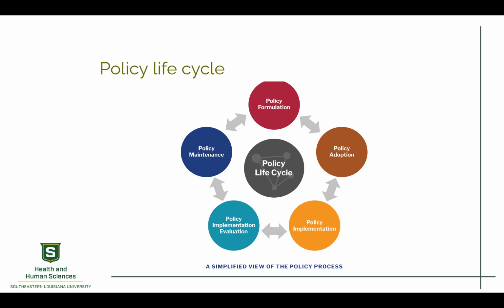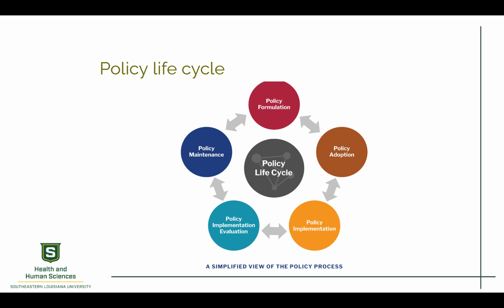So after you've done the implementation, you may give yourself a little bit of time to decide whether the original intent of the policy, or even the rulemaking, is actually going to work. And then you may want to make some decisions: okay, this is not working, we're going to make some changes, or this is working very well and we're going to carry on, or we're going to do some things to make it even better.